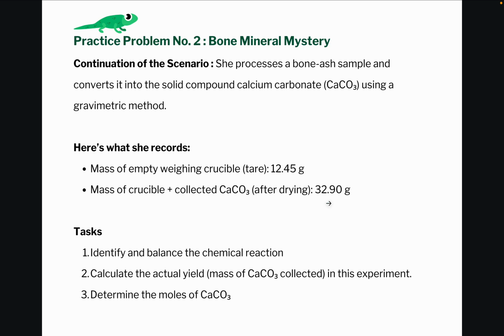Our tasks are to balance the chemical reaction, calculate the actual yield, or the mass of the calcium carbonate collected in this experiment, and determine the moles of calcium carbonate.